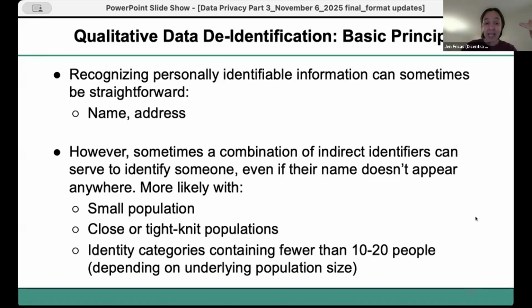If we can explain how we will protect their qualitative data, that might help us in some cases. So we're going to go through a couple of scenarios, and I'm going to present a situation. I'm going to ask you to think about what problems this situation might present in terms of qualitative data de-identification. Next slide.